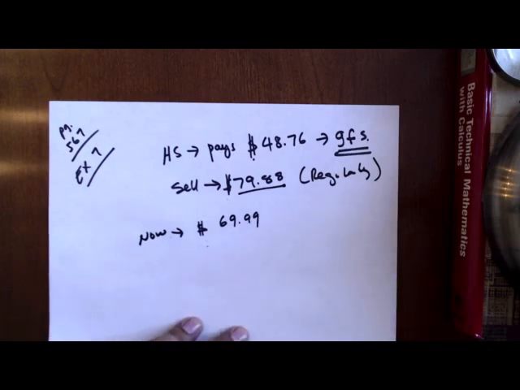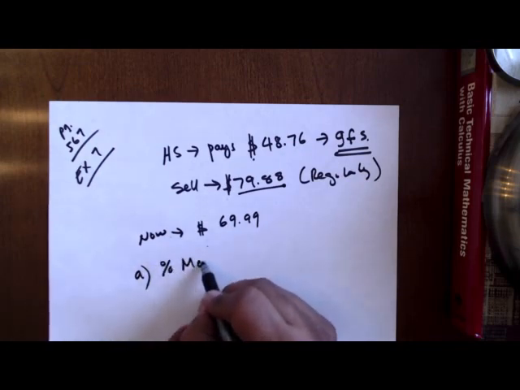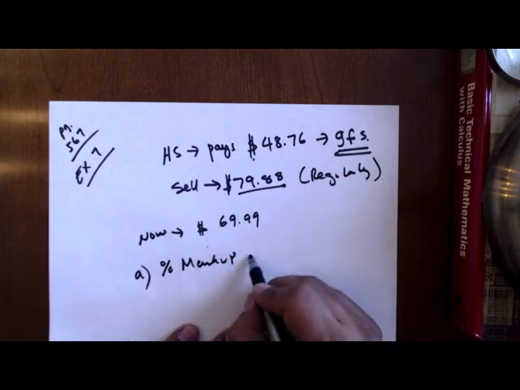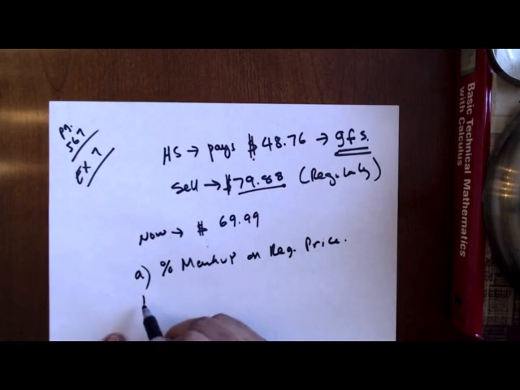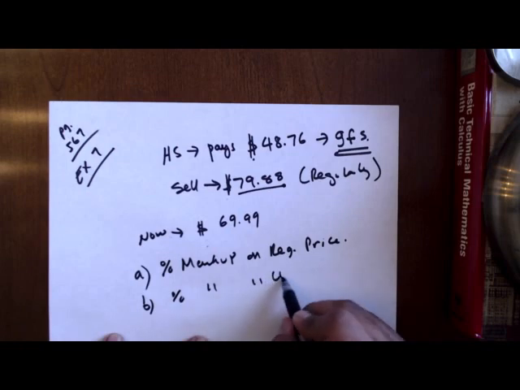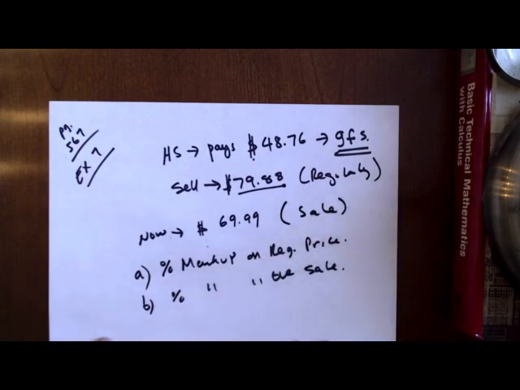So the question is, A, the percent markup on the regular price, and B, they want the percent markup on the sale. So this becomes a sale here. They're selling it at a lower price.